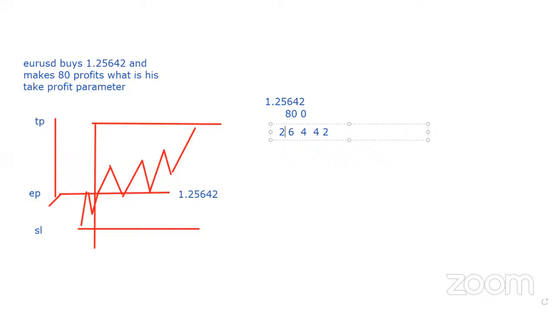After we arrange it, it is 1.26442. Okay, exactly. So this will be our take profit parameter.